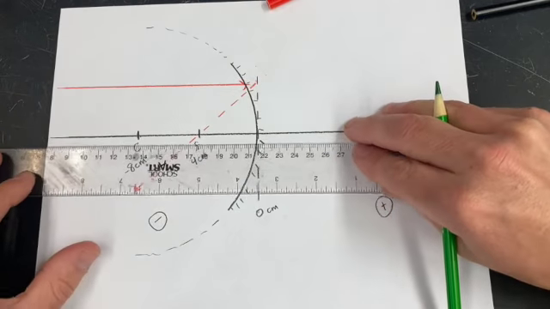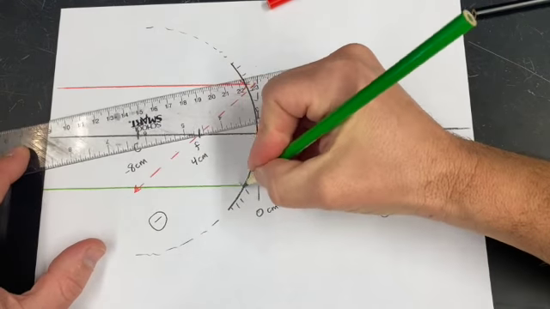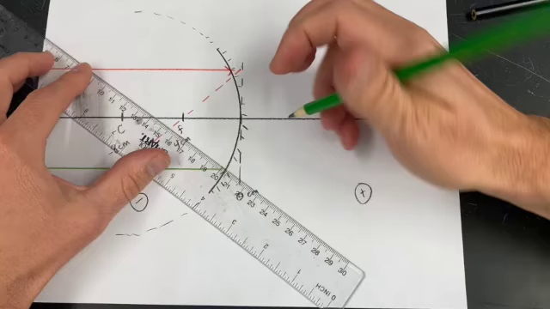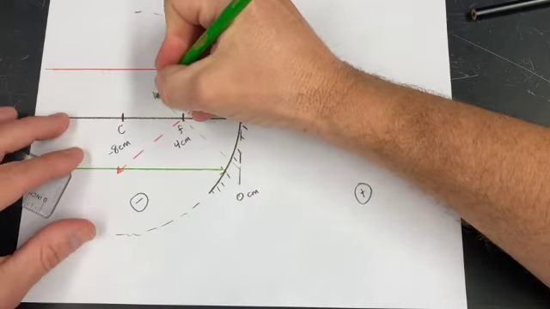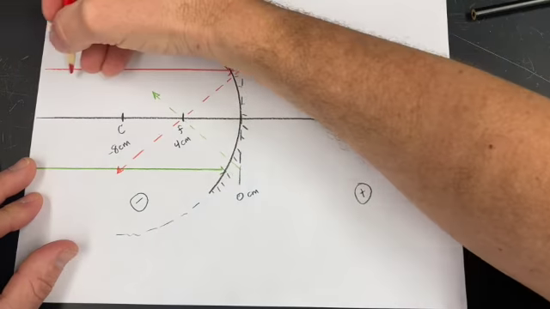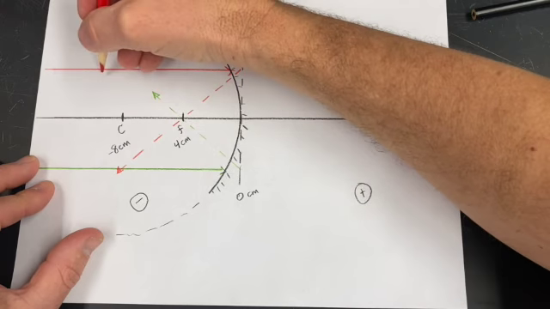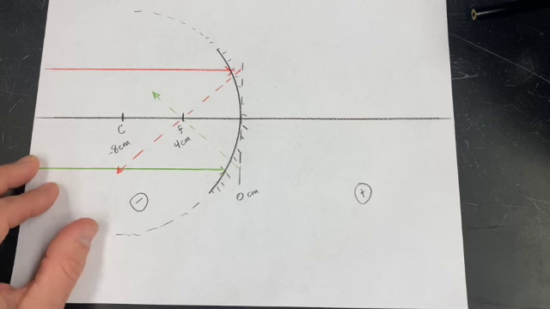Obviously, there's an infinite number of parallel lines that are incident on this mirror. Let's go here, dotted line again. If I follow the path of this light ray, it has come into the mirror and reflected towards the 4 centimeter or focal point.